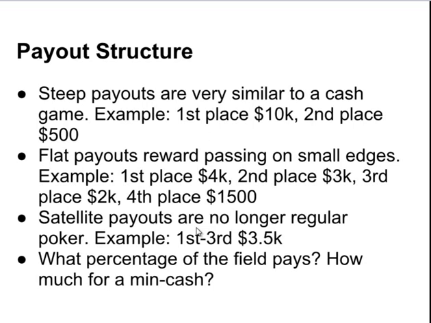It used to be 9 to 10% was the standard amount of the field that would finish in the money. Now it's getting to be 15, 16, even as high as 20% in a lot of tournaments. Now, obviously, the more percentage of the field that's getting paid out, the less of the prize pool is going to first place. The more the prize pool is going to other places, the more value there's going to be in outlasting other players.